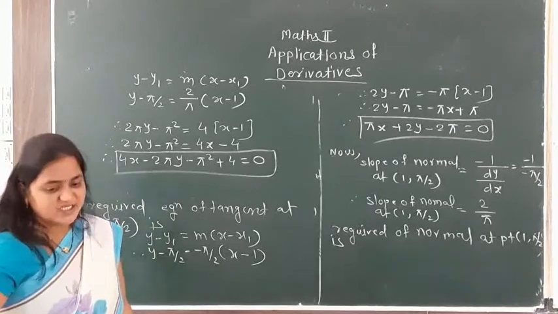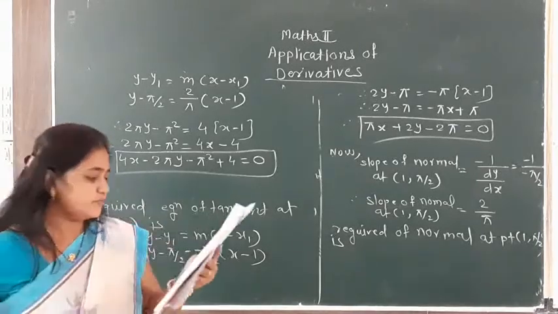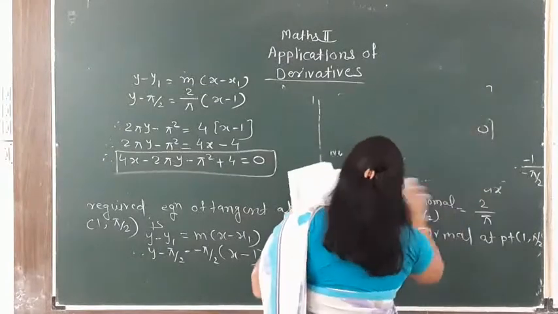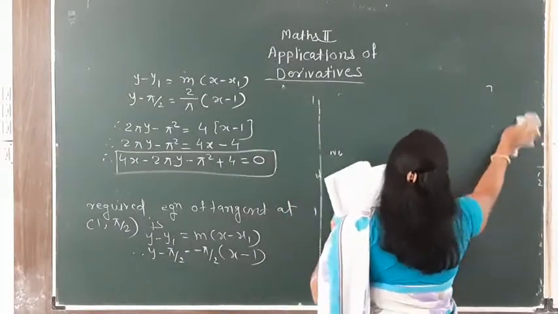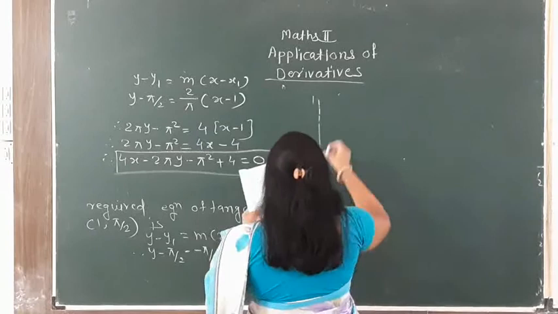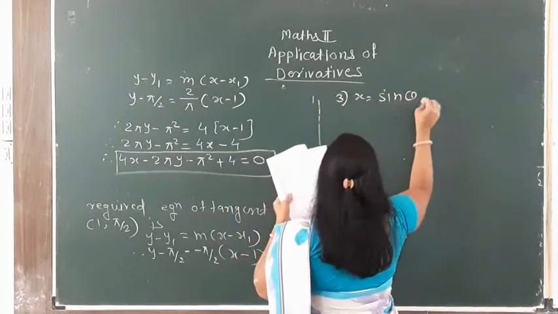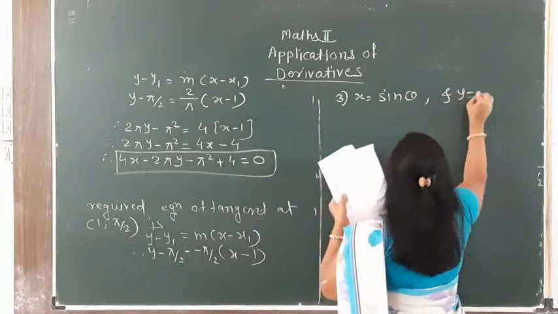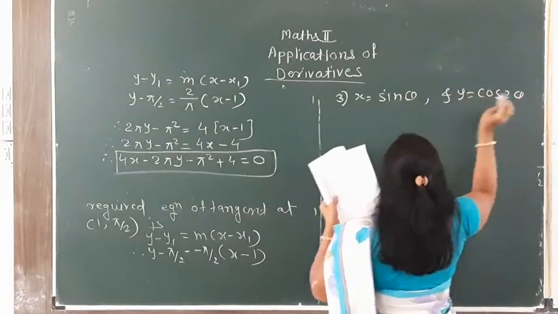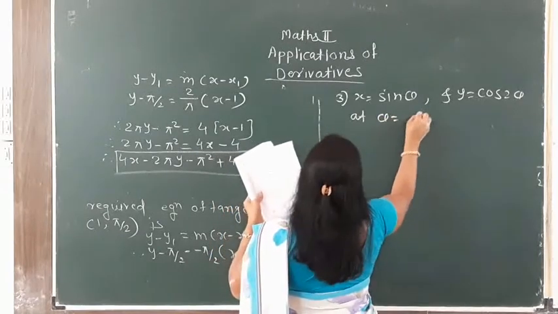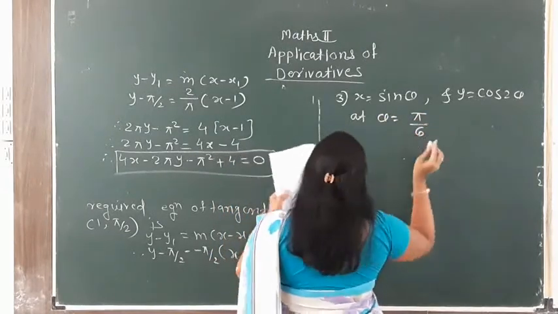Now next, the third example: x is equal to sin theta and y is equal to cos 2 theta, and theta is equal to pi by 6.